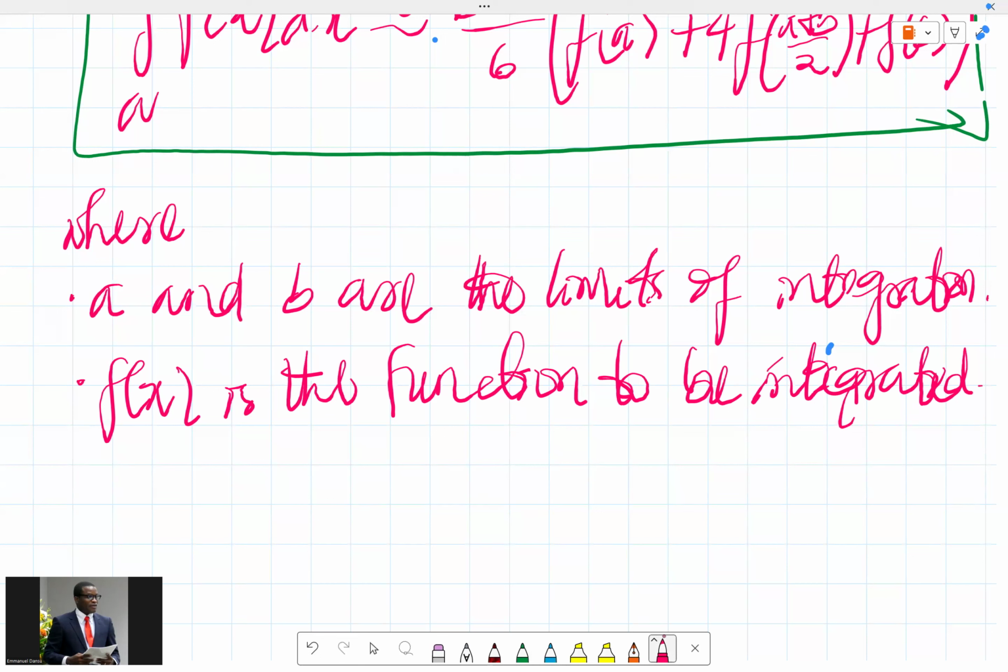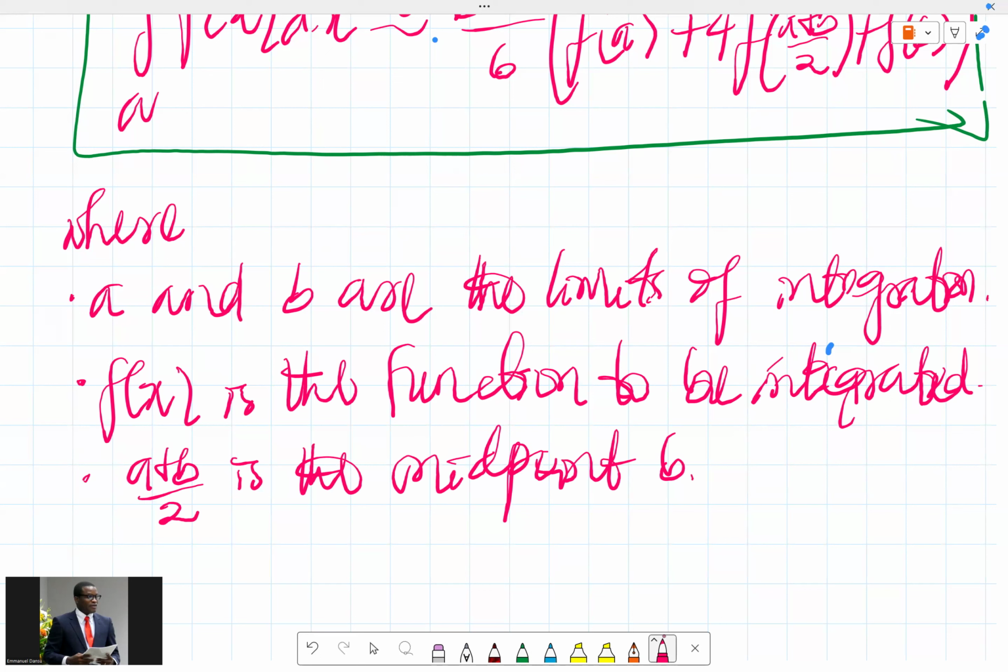Then we have (a plus b) over 2, which is the midpoint between a and b.